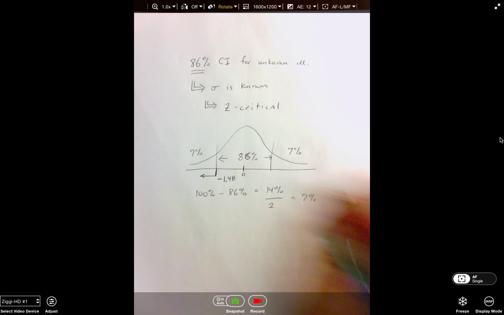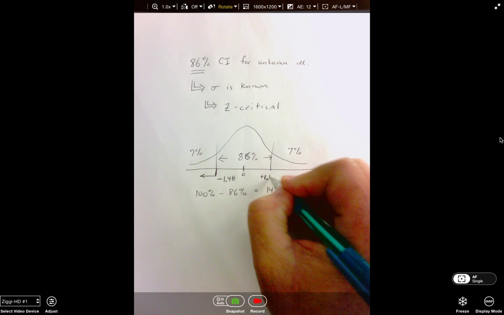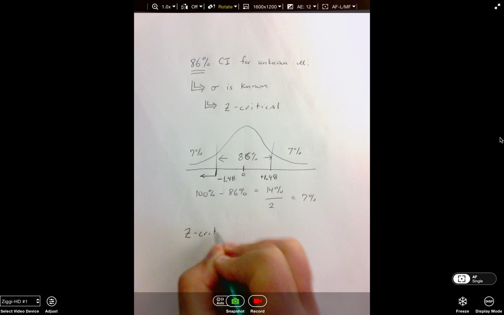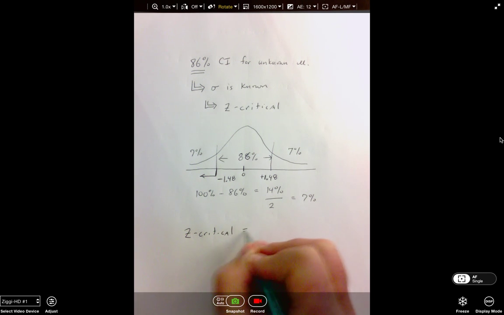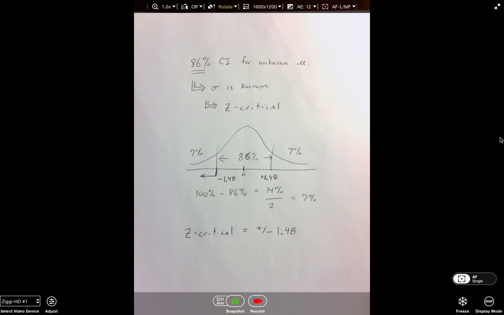Guys, because the mean is 0 and we have symmetry, we know that this would be positive 1.48. So the z critical would be equal to plus or minus 1.48.